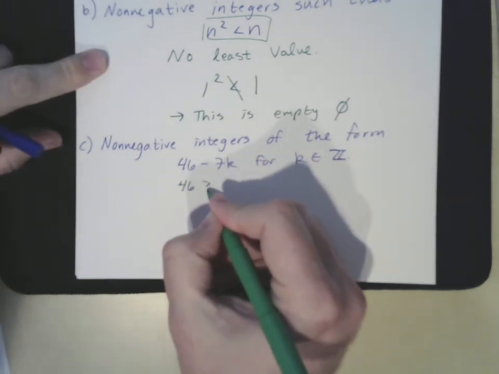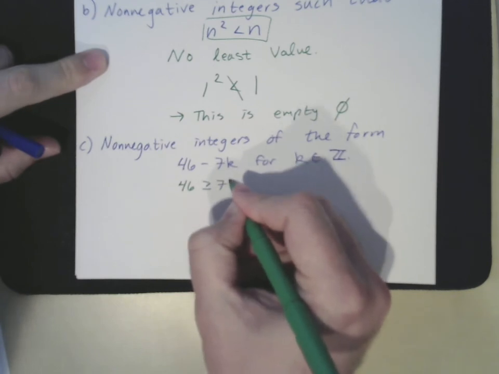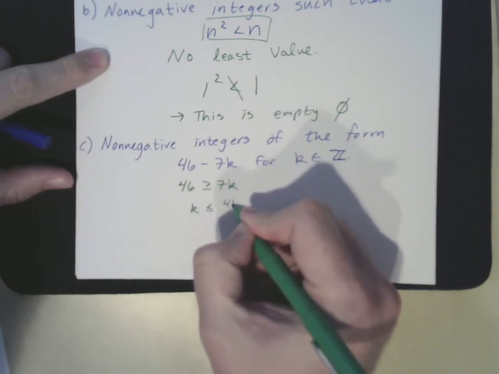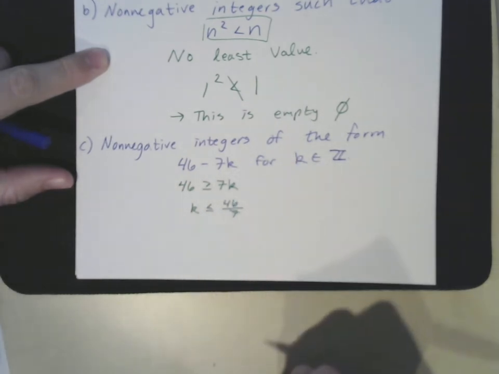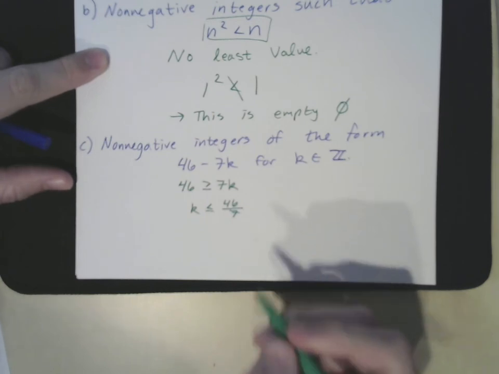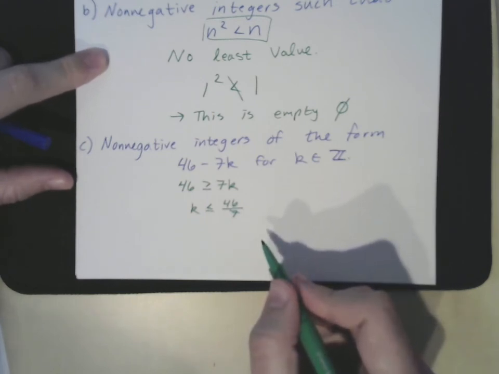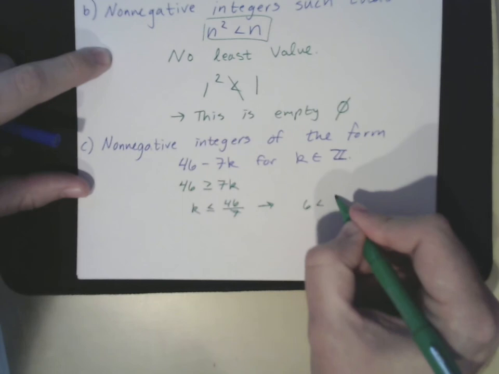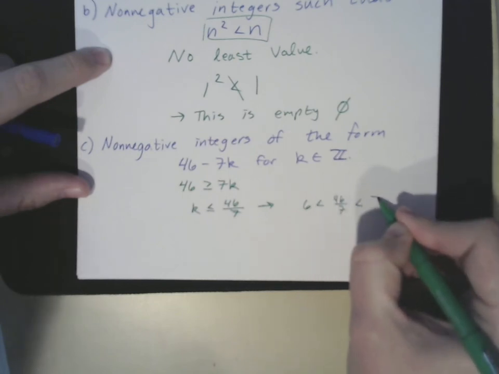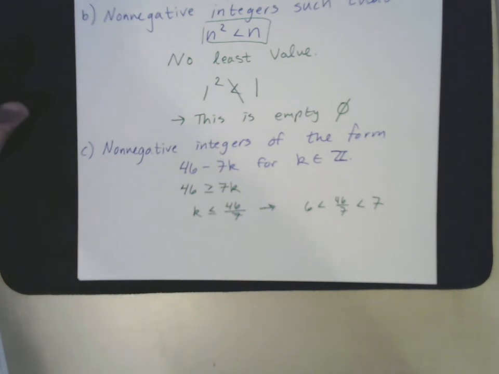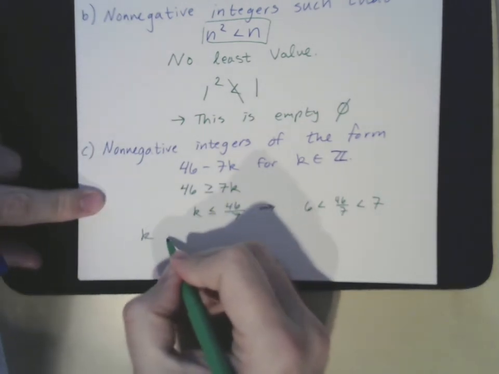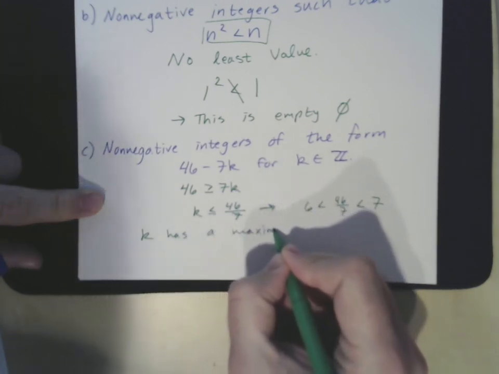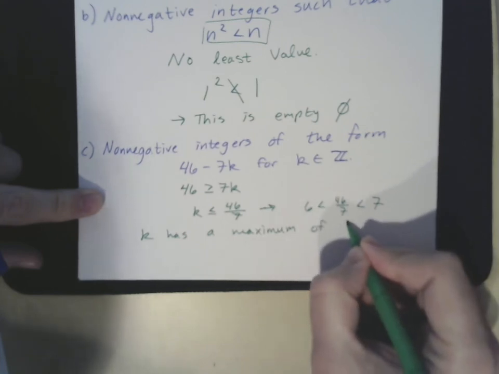So 46 needs to be greater than or equal to 7k, which means that k must be less than or equal to 46 over 7. So that means k has a maximum, because 6 is less than 46 over 7, which is less than 7. That's what we're looking at. So k has a maximum of 6.